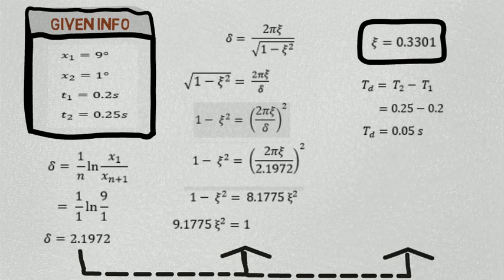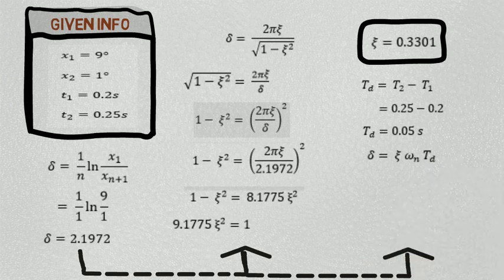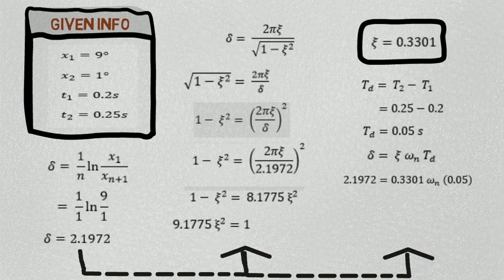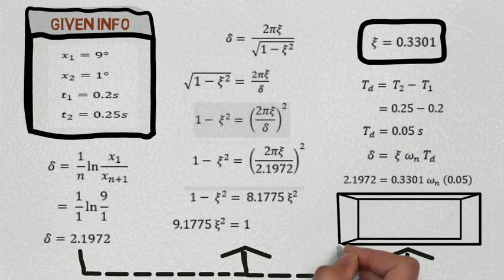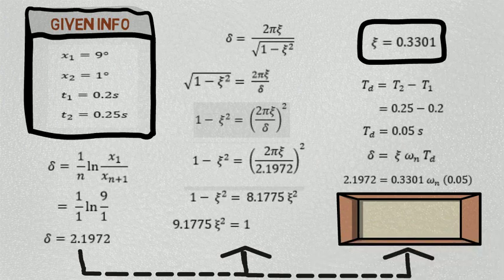Next, you can relate the value of zeta and TD to get the natural frequency of the system. The natural frequency is 133.123 radian per second.